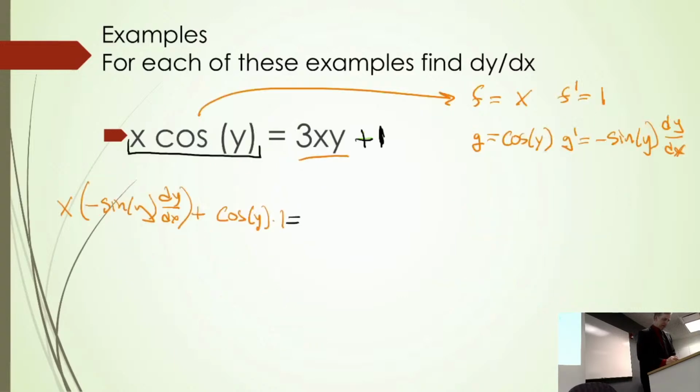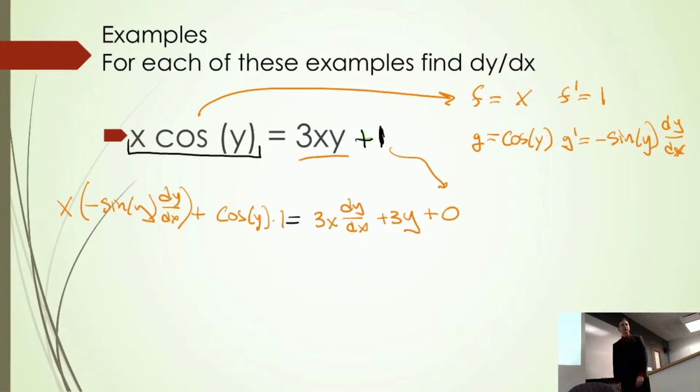But getting back to this, now we've got the other side: 3x dy over dx plus 3y. Don't forget this 1. Well, if you do, it's not going to be a big deal because the derivative of 1 is 0.